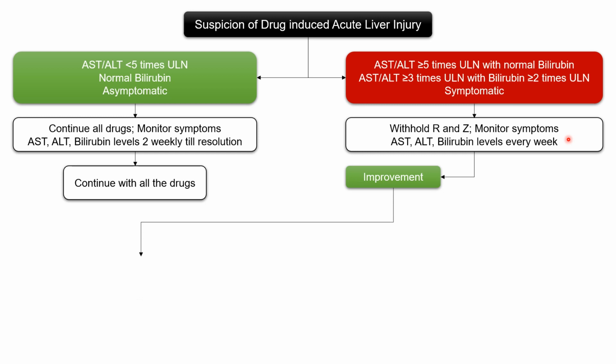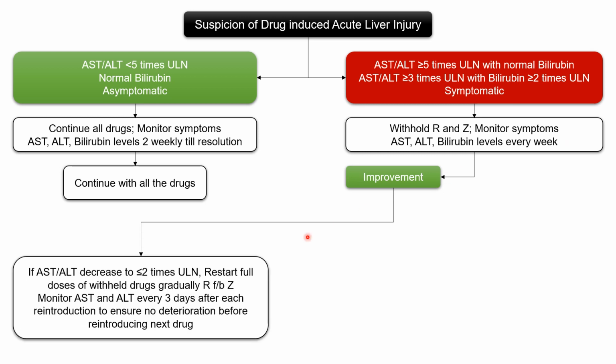If the patient is improving, then we have to restart full doses or reintroduce drugs gradually, rifampicin followed by pyrazinamide, because the most hepatotoxic drugs have to be started last. While reintroducing one drug after another, we have to monitor AST and ALT levels every 3 days after each reintroduction to ensure no deterioration before reintroducing the next drug.